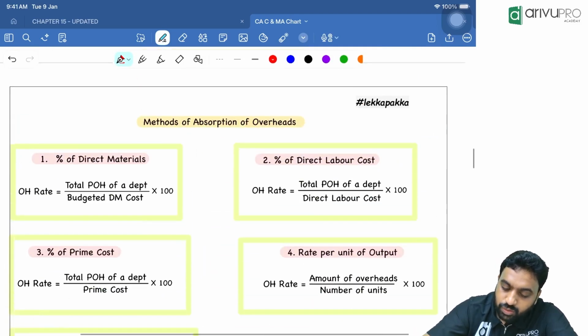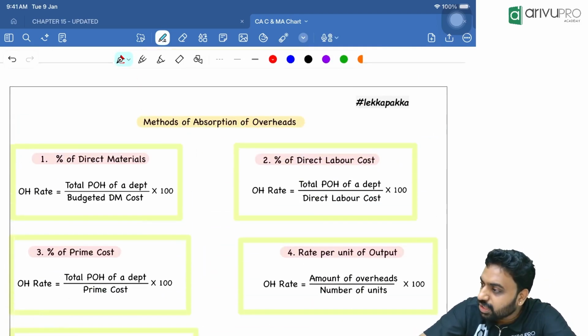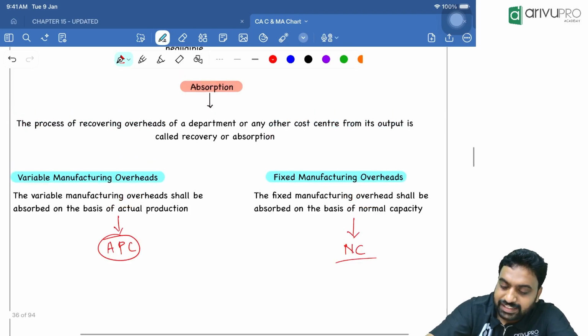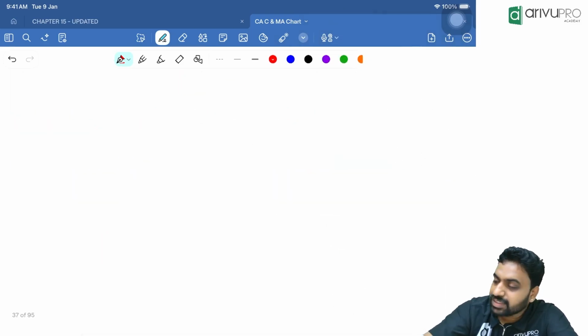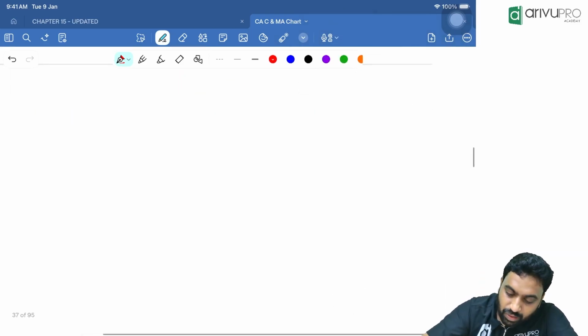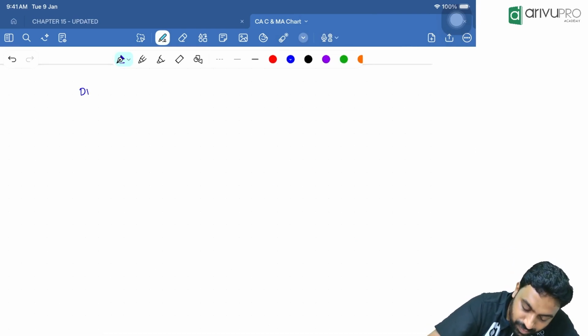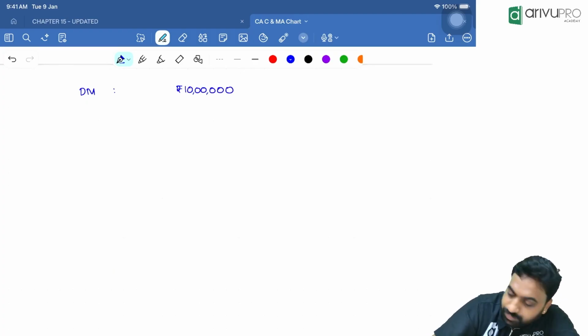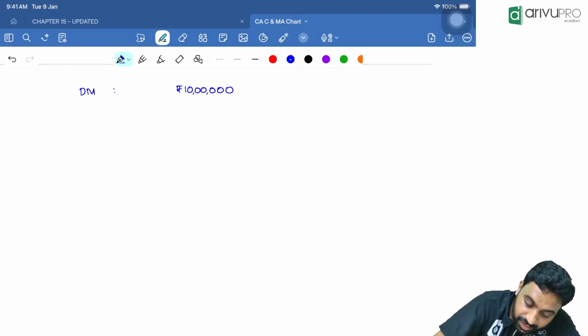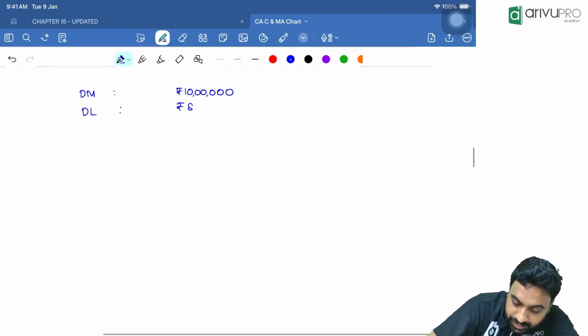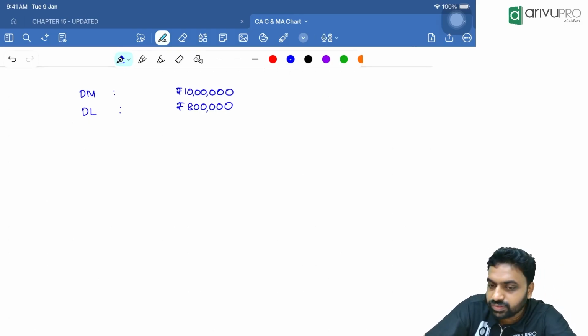Now, what are the methods of absorption of overheads, sir? Shall we see the different methods, guys? Now let's say we have an organization, direct material 10 lakh we are consuming, direct labor 8 lakh we are considering.